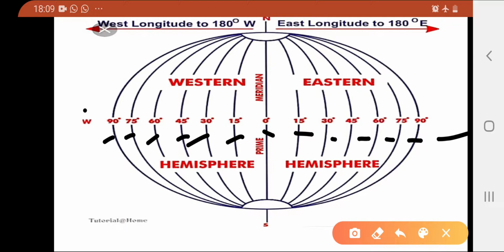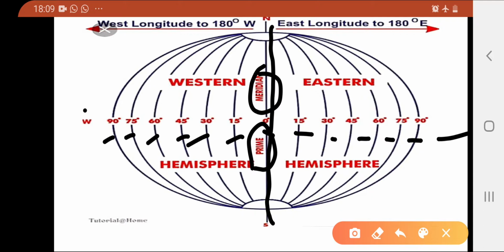Then the 0 degree meridian. Here you can see, children, what is this? This is the 0 degree meridian. Like we earlier had the 0 degree equator, here the 0 degree meridian is there, and what is it known as? It is known as the prime meridian, which passes through London.